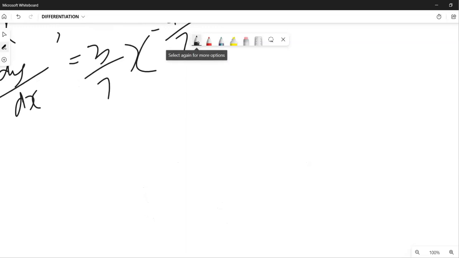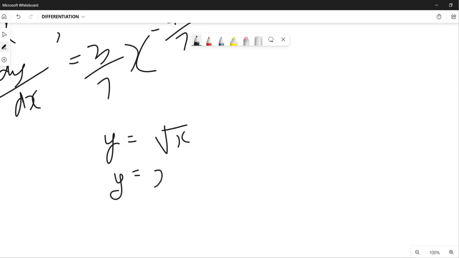Let's look at another example. Let's say y is root x. Then the first thing that we have to do is to rewrite this radical expression as a power. So we would rewrite this as y equals x to the half power. Square root is half power. And then you differentiate.